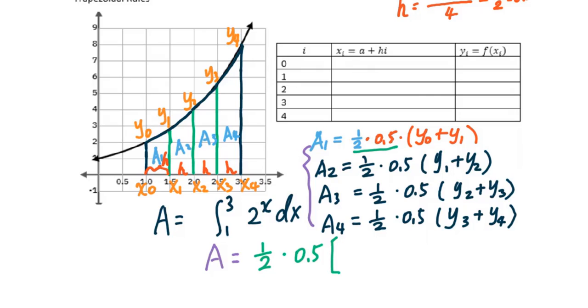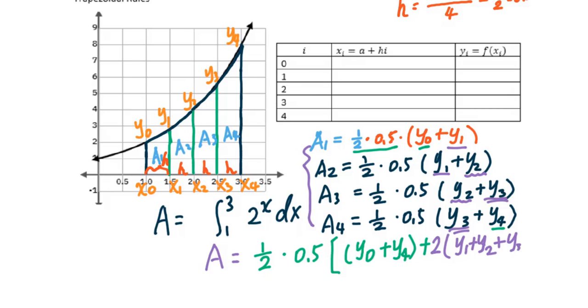Then you will check y0 and y4 only once, so we add y0 plus y4, plus you have 2 y1, 2 y2, 2 y3, so we add 2 times y1 plus y2 plus y3.